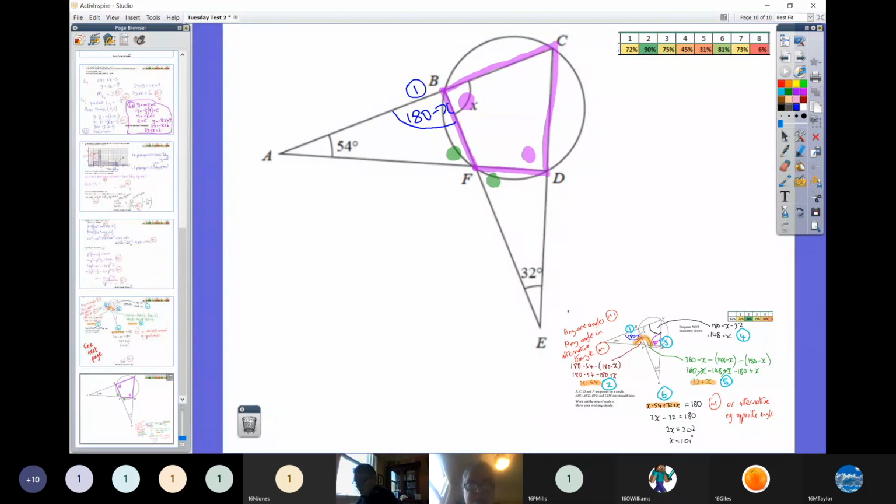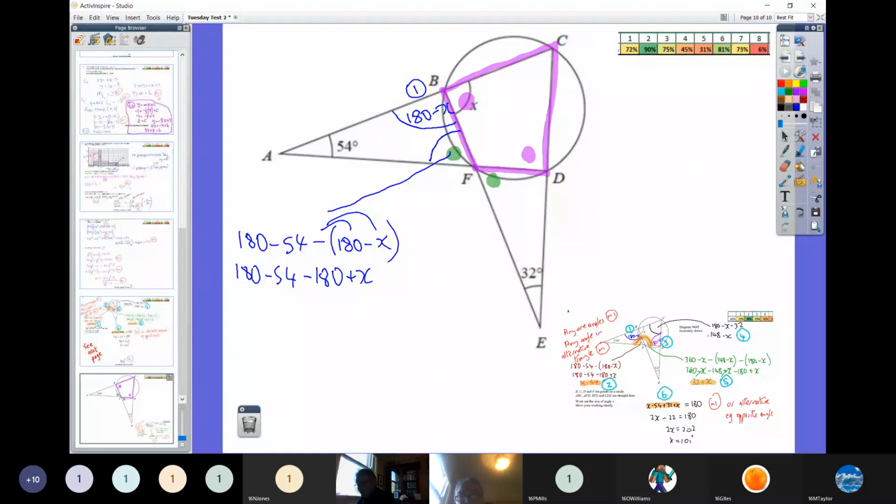Working backwards, that's going to be 180, take away 54, and take away 180 minus x. Just be careful with that: that's 180, take away 54, take away 180, add x, minusing a minus x. So that's actually going to be minus 54 add x, or if you like, x minus 54. So that angle is x minus 54.